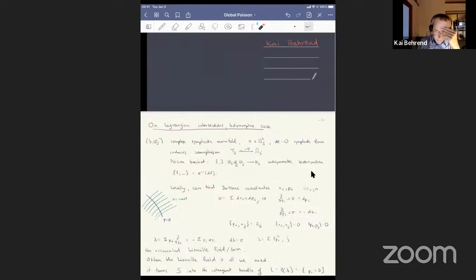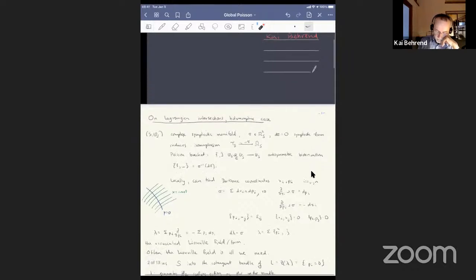In Darboux coordinates, the symplectic form looks like this: the sum over i of dx_i wedge dp_i. This is how the correspondence between vector fields and one-forms goes concretely in Darboux coordinates, and here it is all in terms of the Poisson bracket.